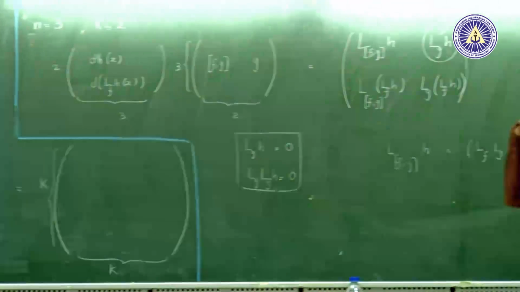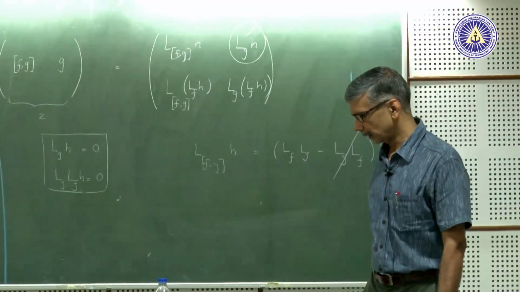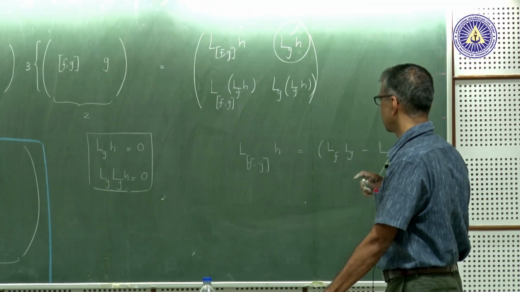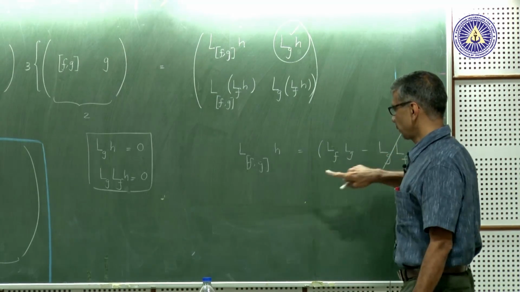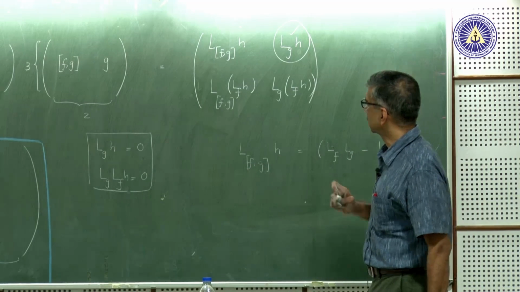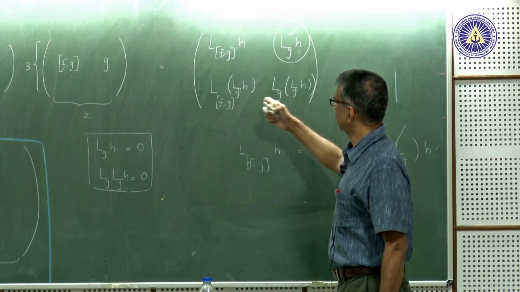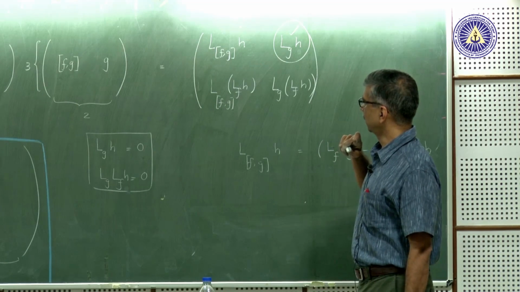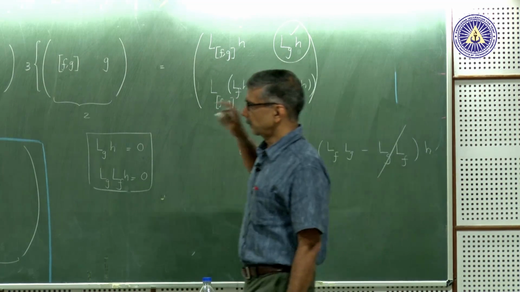I'm trying to recall how you will actually show it. It is not 0 because if it became 0, then your f and g are commuting vector fields. Therefore, everything goes to 0.